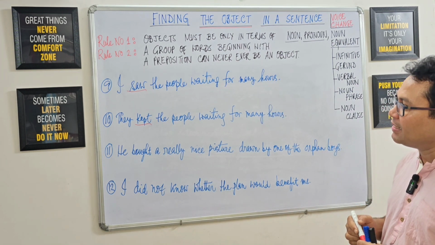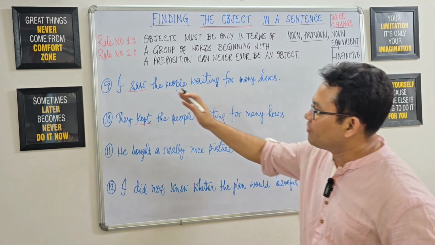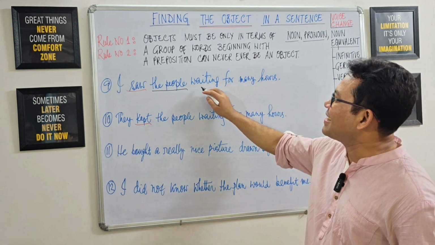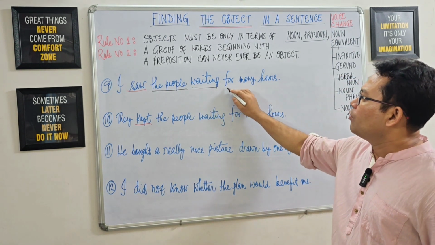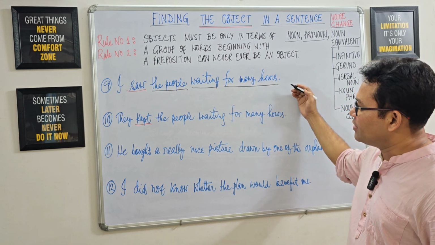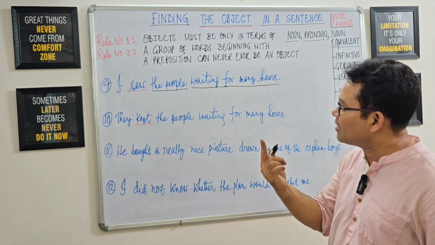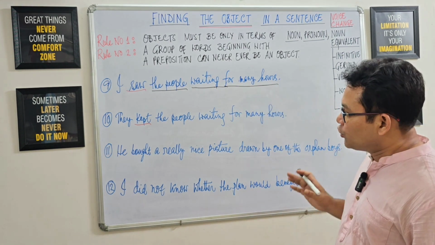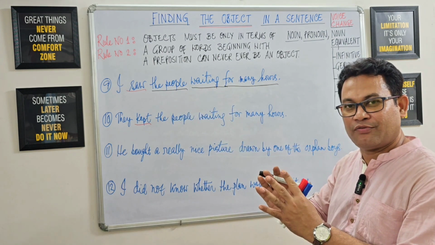Now example number 9 is I saw the people waiting for many hours. In this case, we see that after the verb, there is a noun phrase, the people. Then a present participle adjective, waiting. Then we have the adverb phrase for many hours. So the adverb phrase and adjective become one phrase, an adjective phrase. Should we then combine this adjective phrase and noun phrase into one noun phrase?